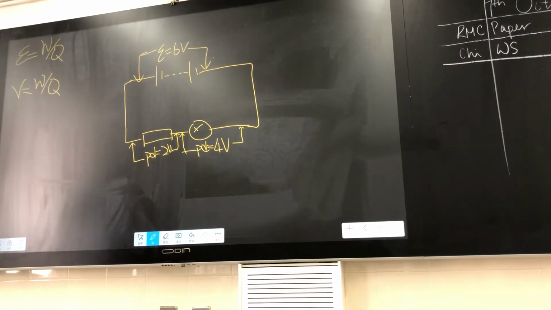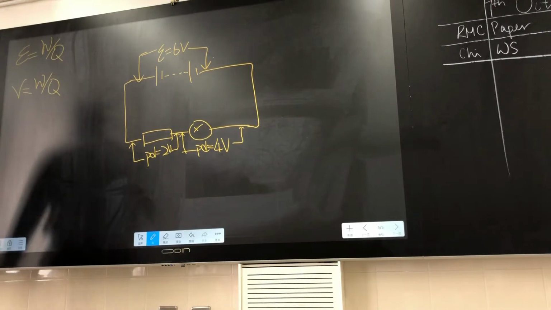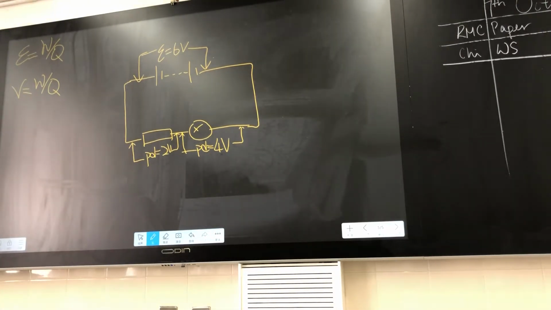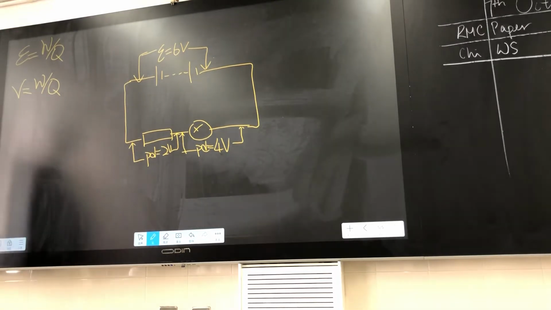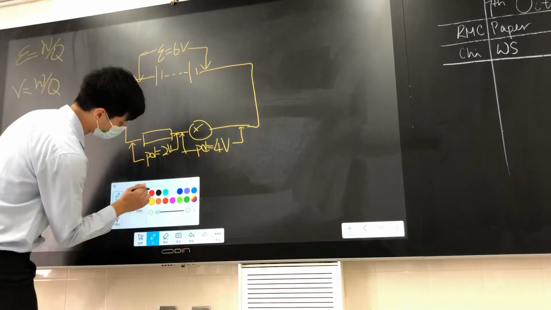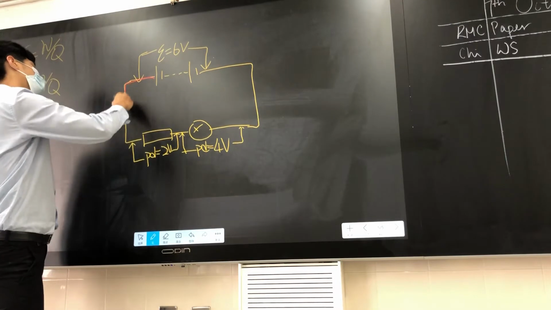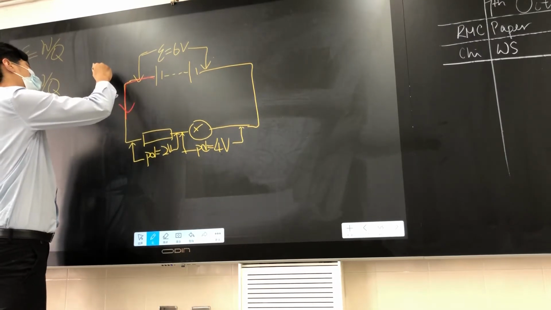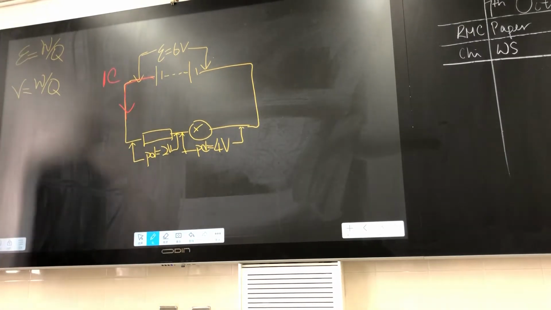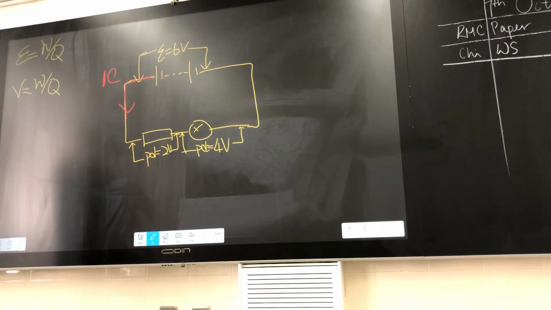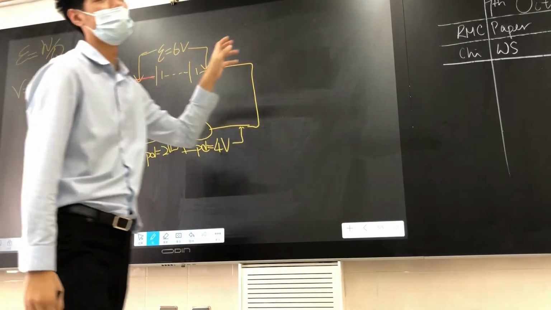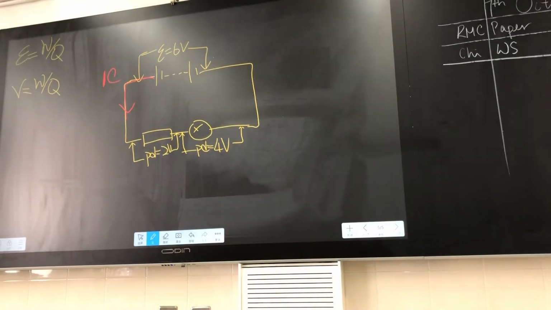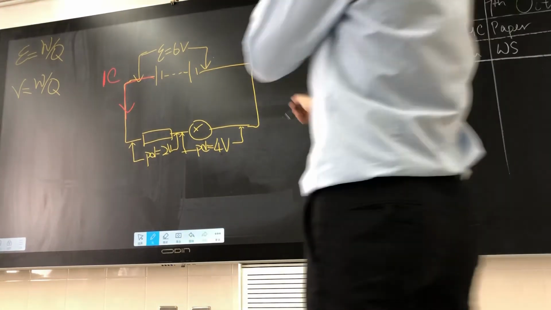Okay, so this is the diagram on the same page 86. Assume that if there is 1 coulomb of charge passing in the circuit, how many joules will be provided by the battery? 6 joules.